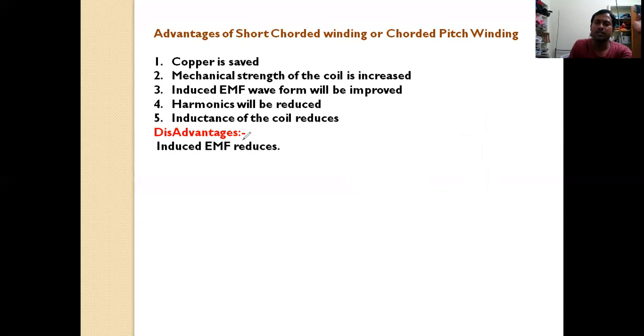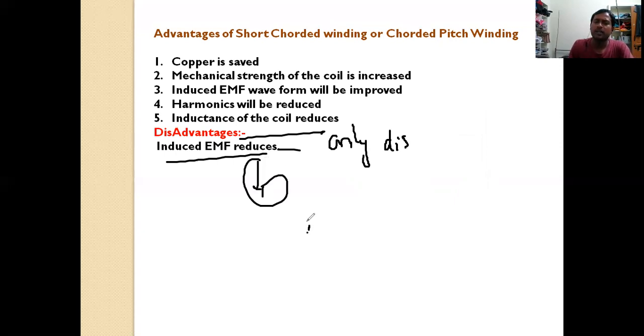The only disadvantage, we can call it the only disadvantage, is that the induced EMF will decrease, because induced EMF is equal to BIL sin theta.